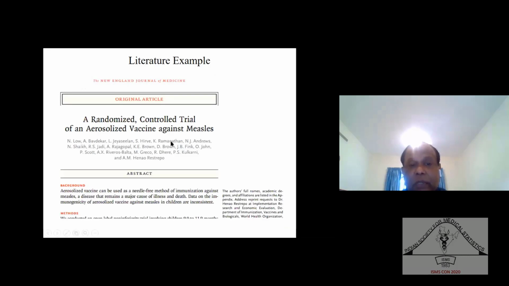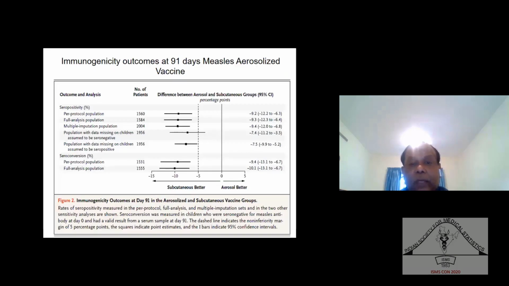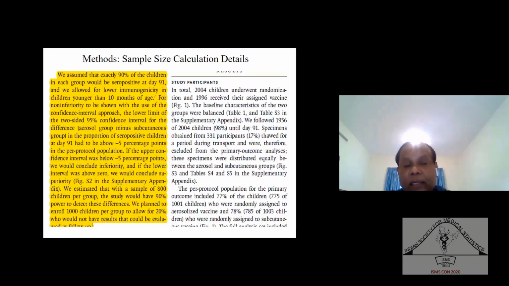This is a paper which got published in the New England Journal of Medicine. This is the sample size calculation. I'm repeating one concept: there are two arms. One arm received aerosolized vaccine through the nasal route. The other group received vaccine through the subcutaneous route, the bloodstream.